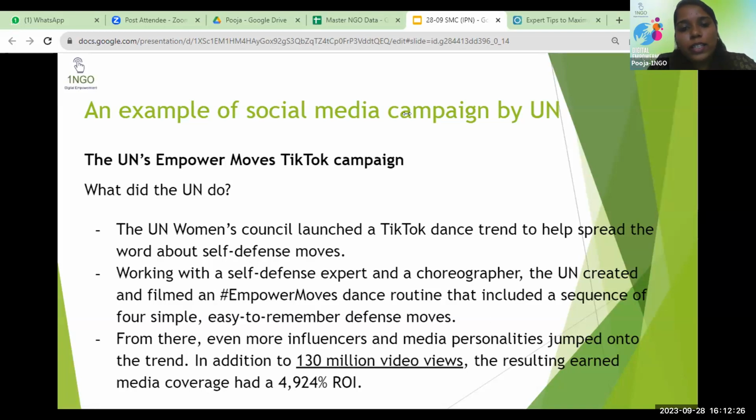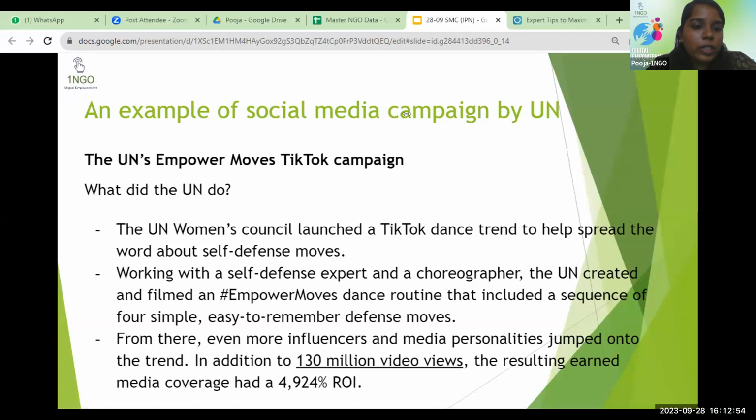They launched these videos on the TikTok platform, but they never said that these were self-defense mechanisms. After some time, the UN secretly revealed that there were self-defense mechanisms involved in these dance moves. People found it very useful, right?